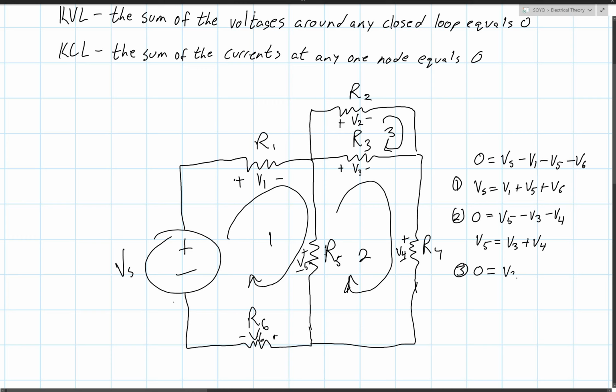So that would be V3 minus V2, because we're coming back all the way around here, and then we're getting that minus on that V2. So V3 equals V2, which checks out because these are parallel, which is the symbol for parallel elements. So V3 equals V2, which makes sense.